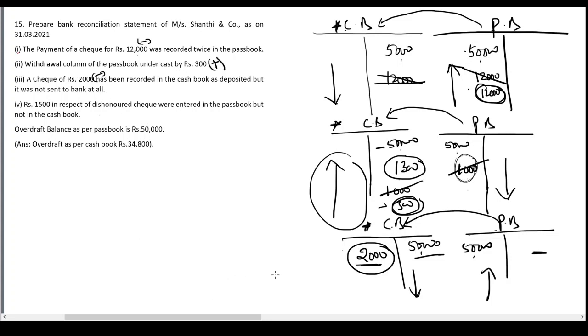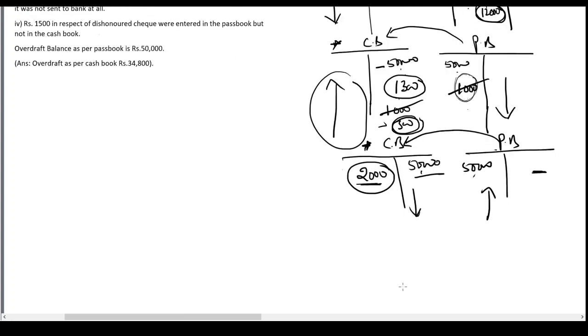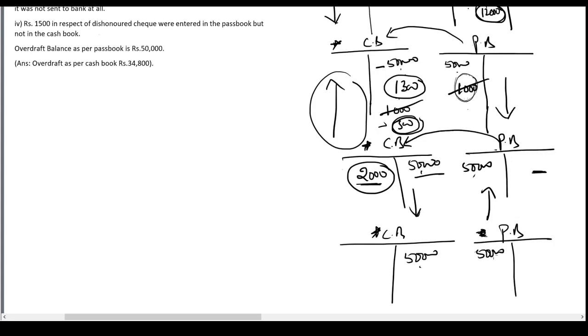Rupees 1500 in respect of dishonored check were entered in the passbook but not in the cash book. Cash book, passbook. Now there is a withdrawal, overdraft balance of 50,000. A check was deposited in the bank, 1500, and the check finally got dishonored. So there is no entry in the passbook for dishonor.